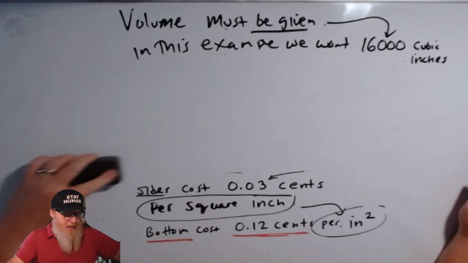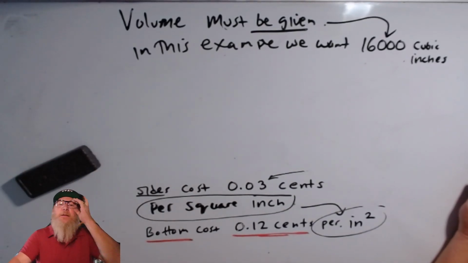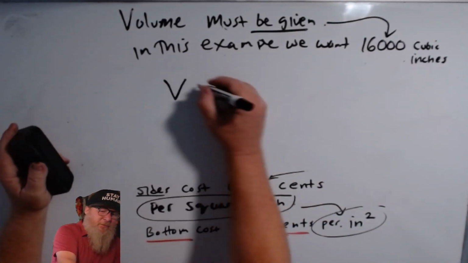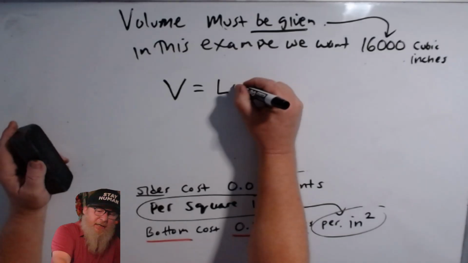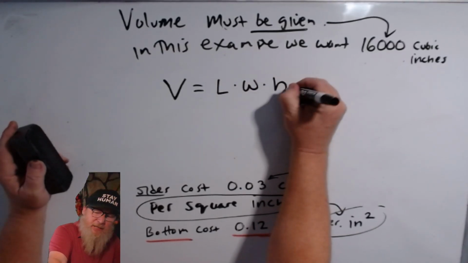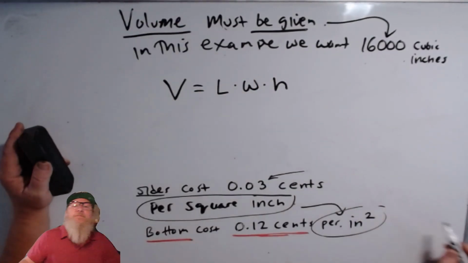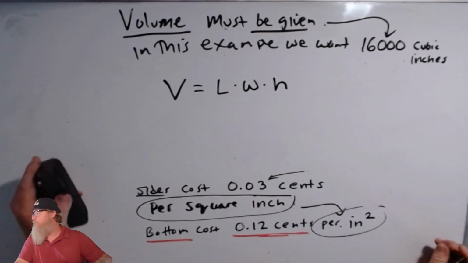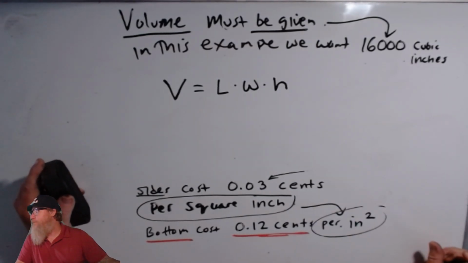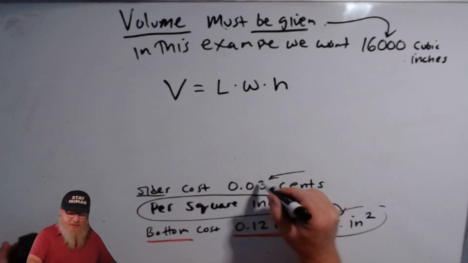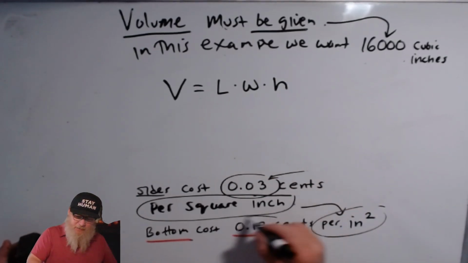Now we have a box. All right. Remember, volume is length times width times height. That's called volume. All right. Now, let's save this for later.